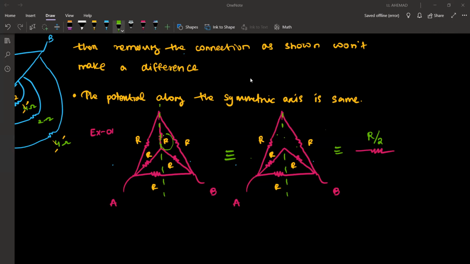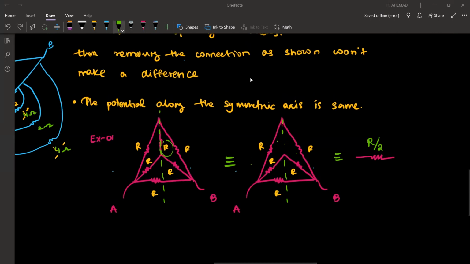Okay, clear up to this. You understand how to use the symmetry. Noted. Shall we move to the next one?